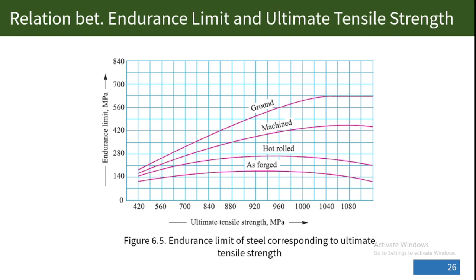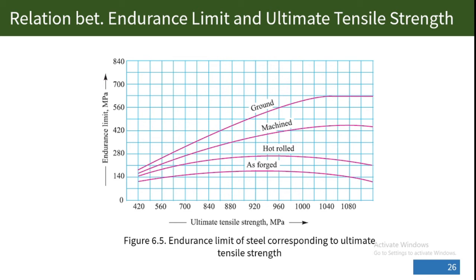So there are different endurance limits corresponding to the ultimate tensile strength of the material, which depends on the type of surface condition of the material. It may be ground, machined, hot rolled, or forged.